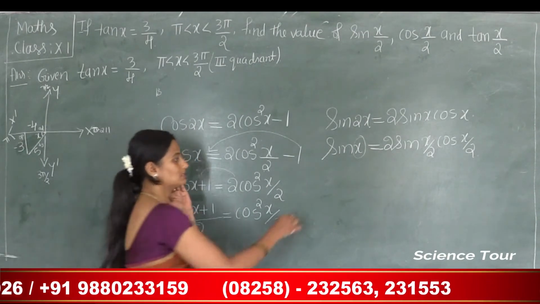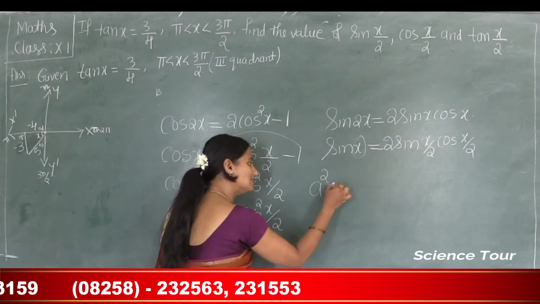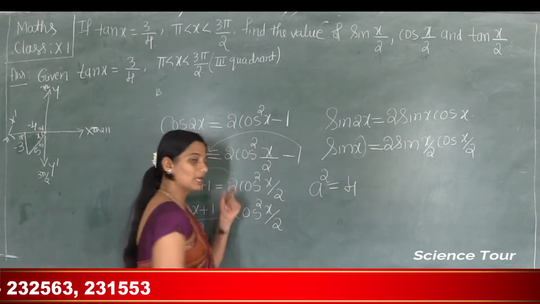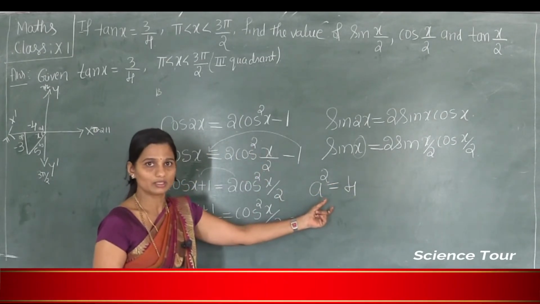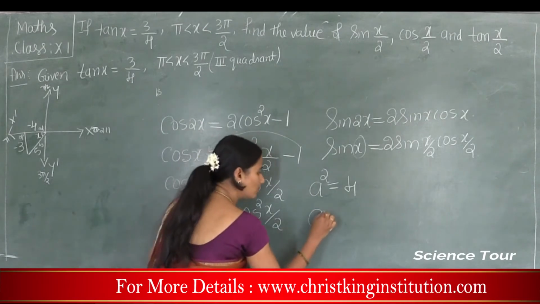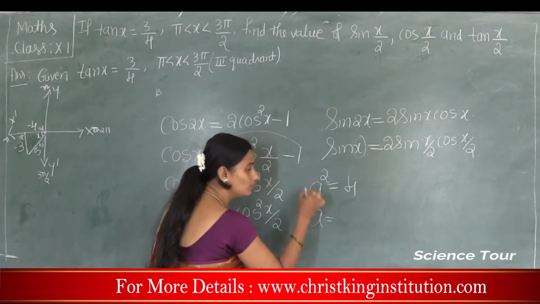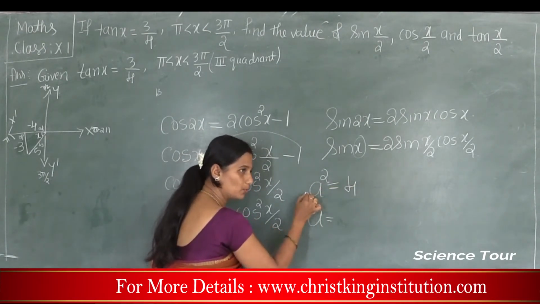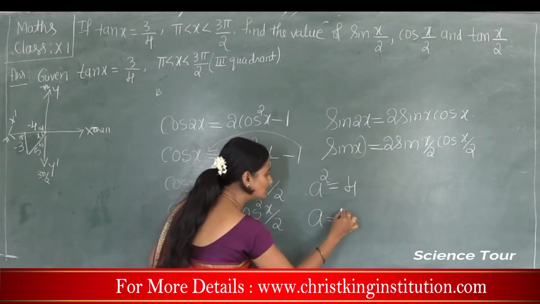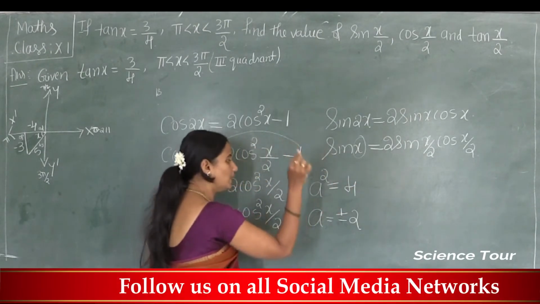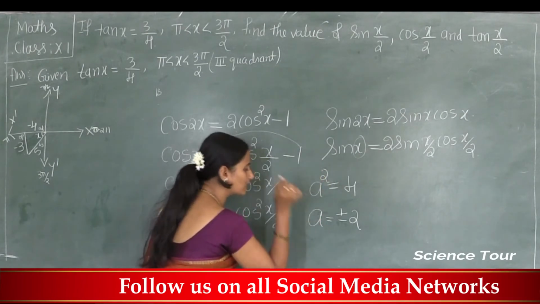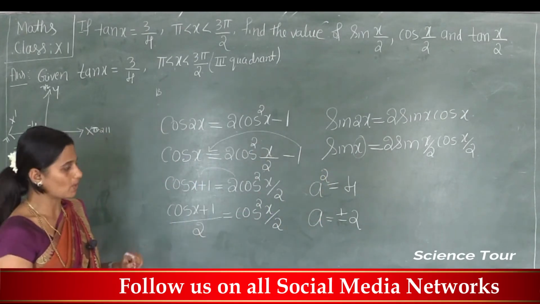Yes, you can get. Suppose a square is 4, can you get a from this one? Yes, you can get. What is the value of a? A is equal to, means taking square root. So square root of 4 is plus or minus 2. If you get a square, you can get a value by taking square root.